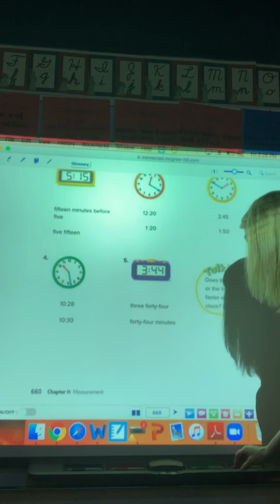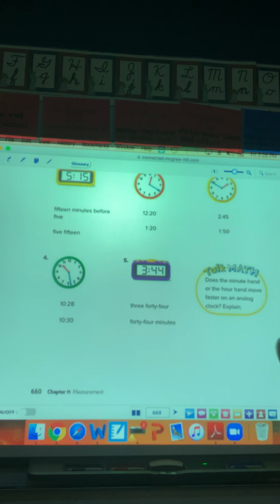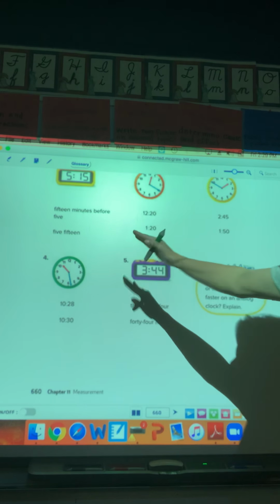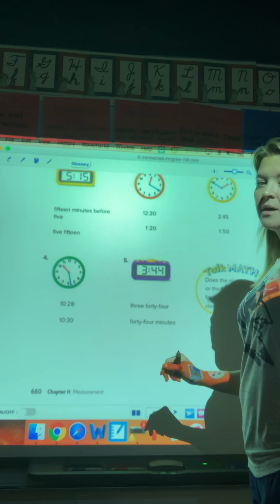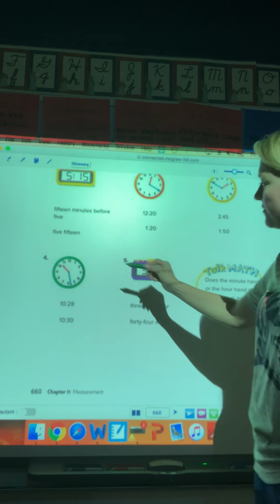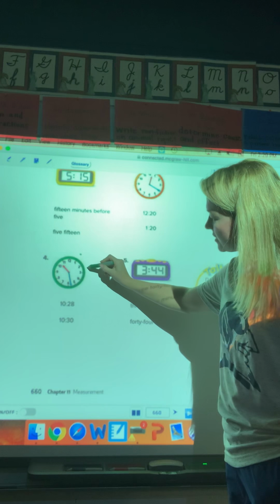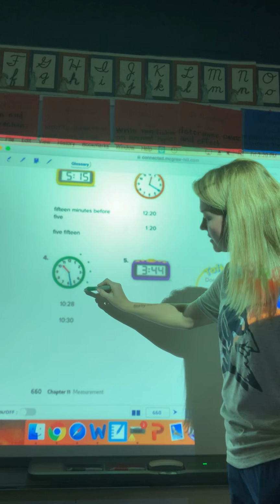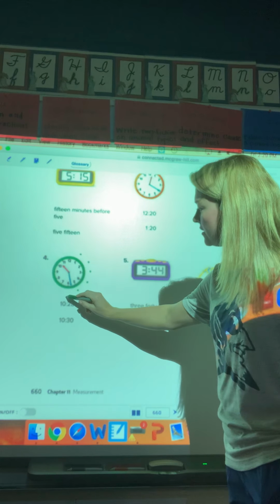I want you to look at number 4. The hour hand is between the 10 and the 11. It has not made it to 11 yet. So the hour is 10. Let's look at our minutes. We can count by 5s. 5, 10, 15, 20, 25.